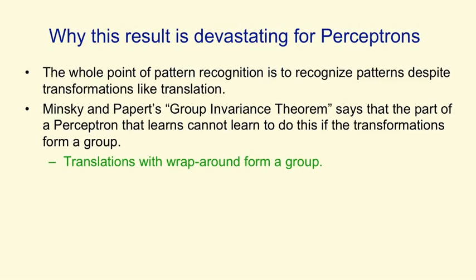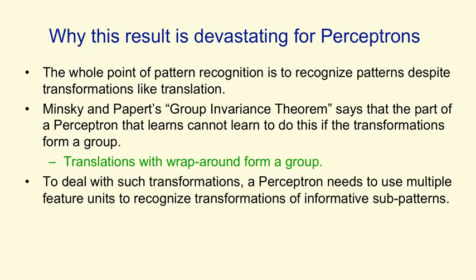So the translations with wraparound form a group, and Minsky and Papert proved a general theorem that transformations that form a group make it impossible for a perceptron, for the learning part of a perceptron, to do the recognition. The perceptron architecture can still do the recognition, but you have to organize the features so they do the difficult part.